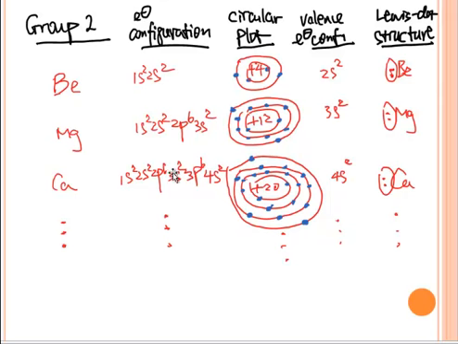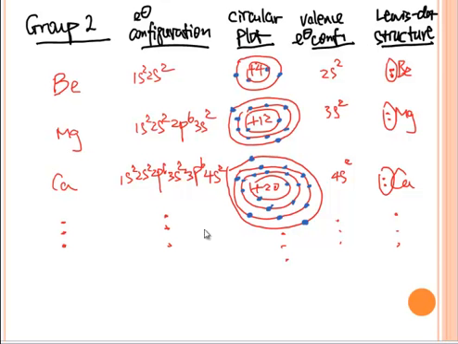It's based on the previous unit. Now we have the circular plot: 2 circles for beryllium, 3 circles for magnesium, and 4 circles for calcium. This is slightly different from the first group, but quite similar: 2s2, 3s2, 4s2. Then you can translate them into orbital notation. This is paired on the s sublevel, so you have paired electrons in the Lewis dot structure.